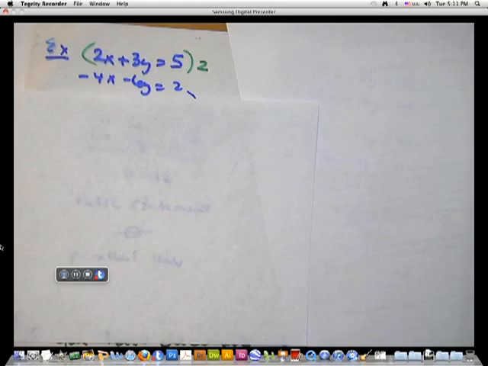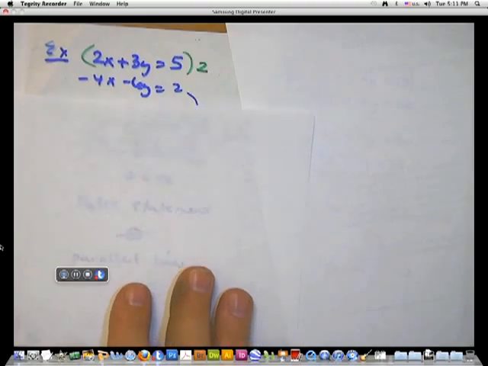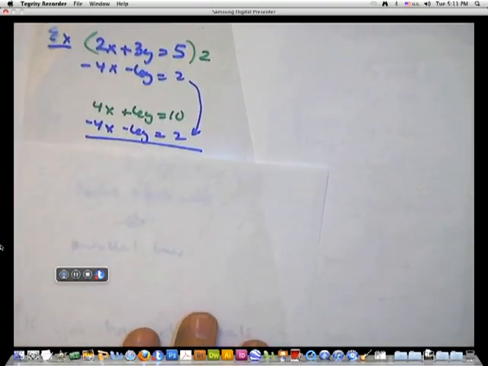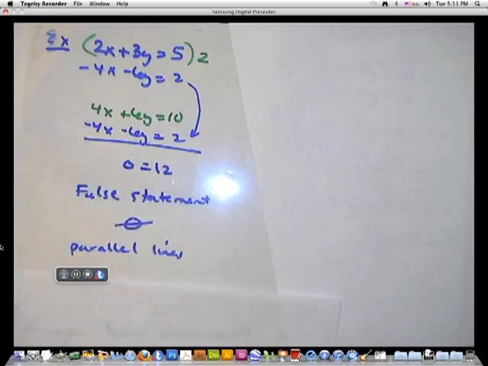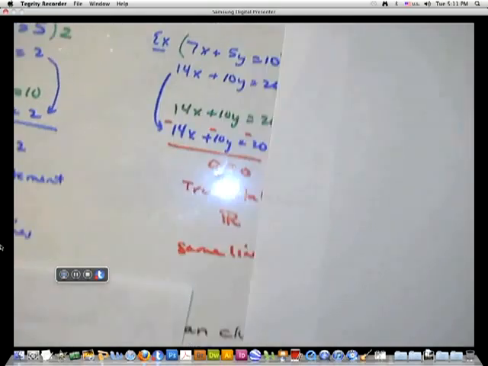I'm going to choose to multiply by the 2 to the first equation because I recognize right away that it will be a nice easy elimination of my x values anyways. So when I do that, I get a new first equation. The second one stayed the same because I didn't multiply anything to it. When I go and eliminate, I notice I get 0 is 12. Well, just like yesterday with our substitution, whenever we get a false statement, it means that the lines are parallel lines. It means there is no solution, and we will never get an intersection point.